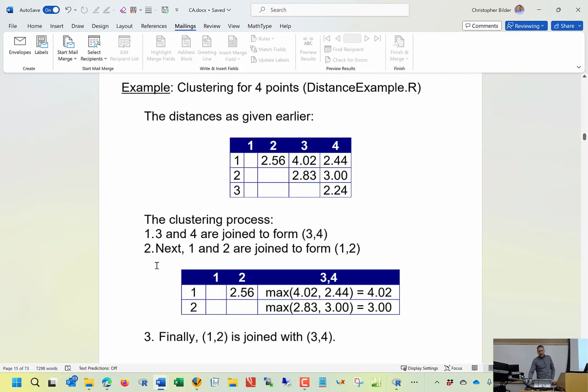So let's talk about how this works. We're going to look at this example again where we have these 4 observations. Here are the 4 distances. Now, this is where things can get confusing for students when they first see this.